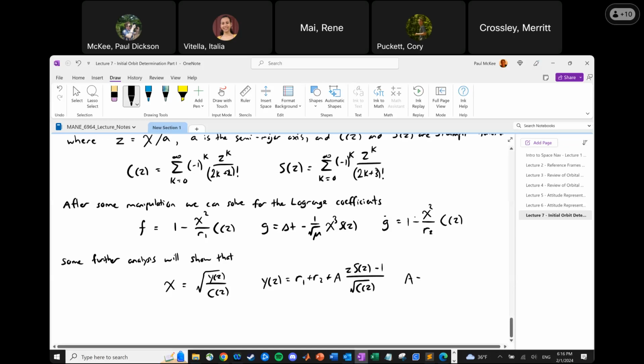And a is equal to the sine of delta theta times the square root of r1 r2 over 1 minus cosine of delta theta.